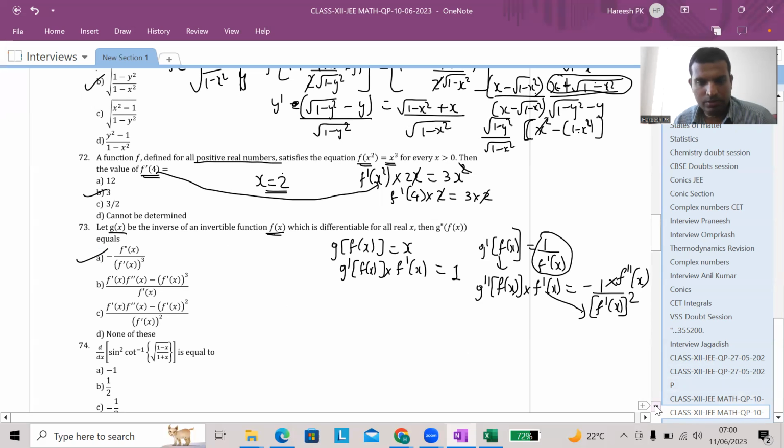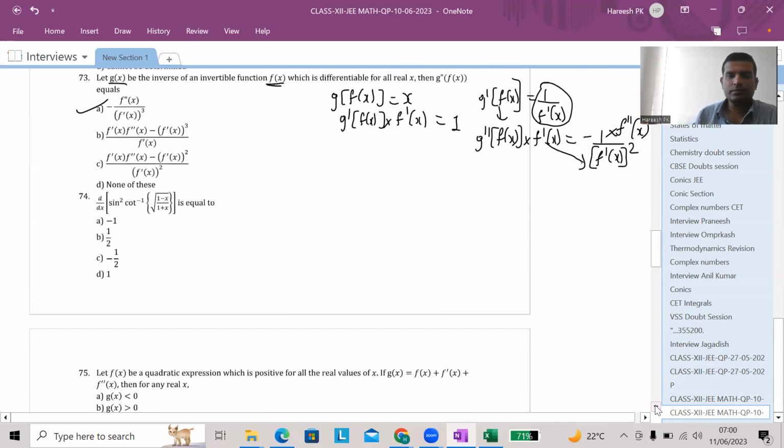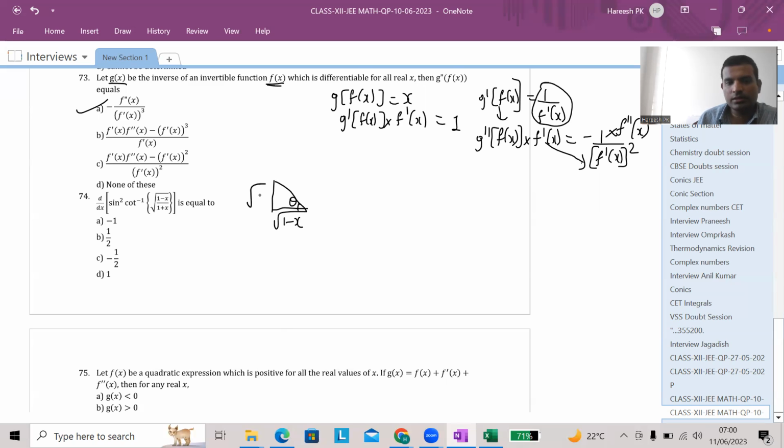The next one is also direct and very easy. We draw a triangle whose cot theta is this, right? Adjacent is root 1 minus x, opposite is root 1 plus x. Either we do that or just substitute x as cos theta. When you substitute x as cos theta, you will get root of 1 minus cos theta by 1 plus cos theta, which is tan theta by 2.